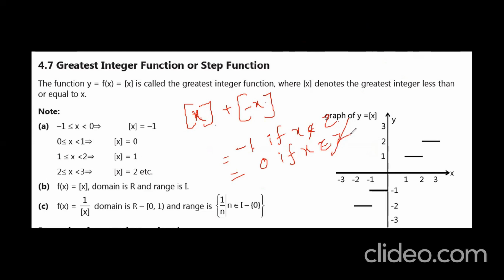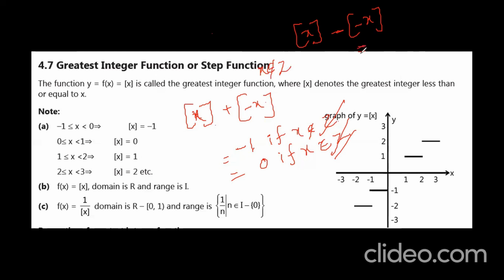Okay, very good. Another important point is the integral part of x minus the integral part of minus x. What happened? Tell me. Two cases arise. Suppose x does not belong to Z. Then what will be the case?